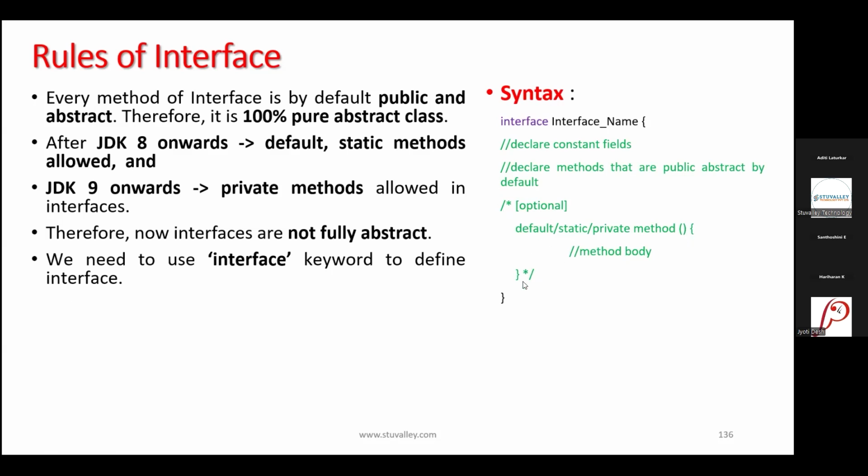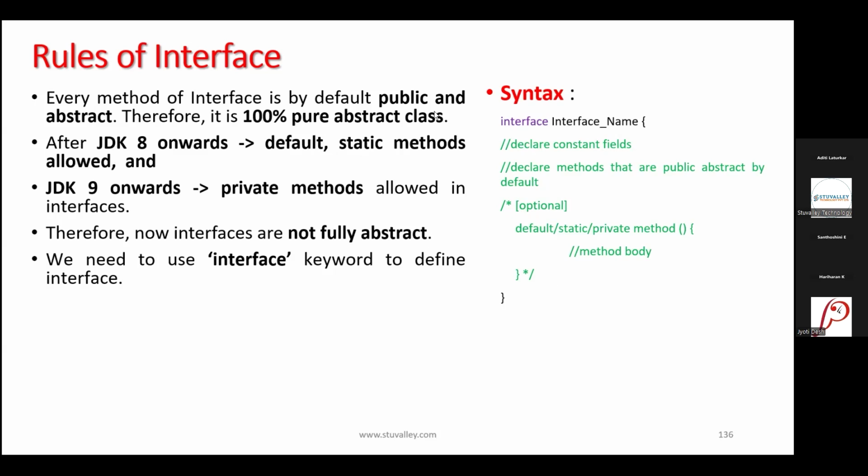These are concrete methods. Default method is concrete, static method is concrete, private method is also a concrete method. So we are writing concrete methods inside interfaces. That is why it is not fully abstract nowadays. But before JDK 8, we used to say that it is fully abstract.